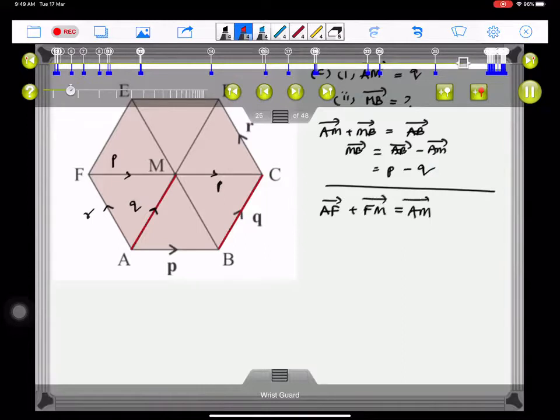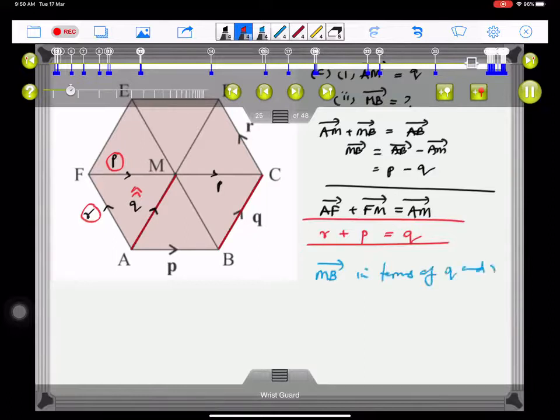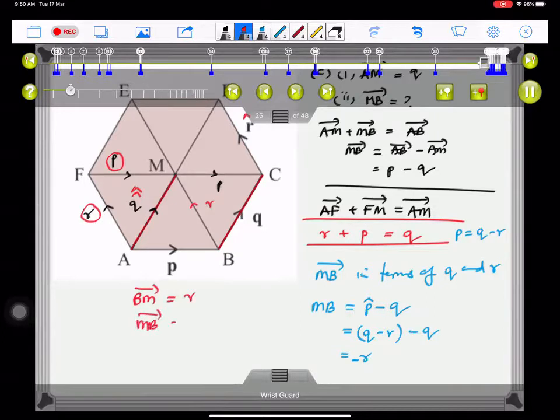I'm finding a relation between P, Q and R. I can find it from any one of the triangles. MB in terms of Q and R: MB is P minus Q. P is Q plus R. Q minus R. Therefore, MB is minus R, which can also be obtained directly, because BM is R, therefore MB is minus R.